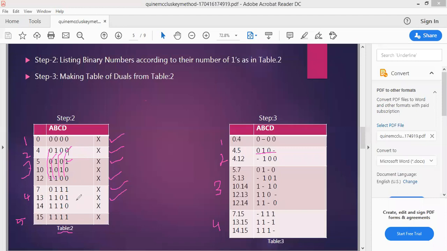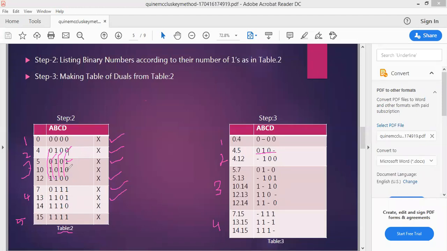Next, 5 is compared with 14. Is there any difference? Yes, how many differences are there? Three differences are there. So can we group them? No. So we can't group them. So we are leaving it.